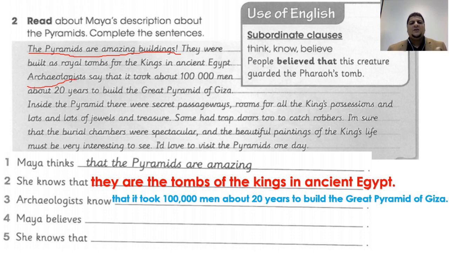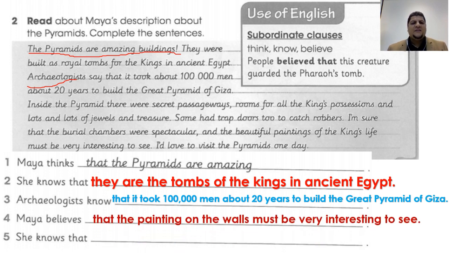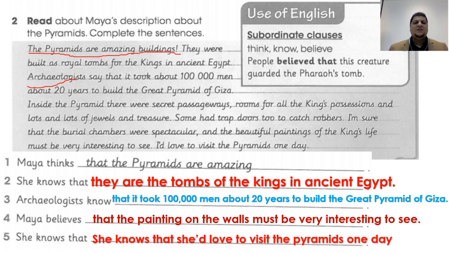So they know that it took hundreds of men about 20 years to build the Great Pyramid of Giza. Let's go to 4. Maya believes that the paintings on the walls must be very interesting to see. You should know the answer to the last one and check the answer here. She knows that she would love to visit the pyramids one day.